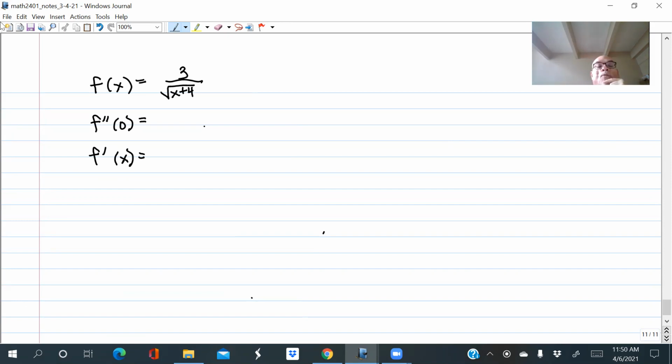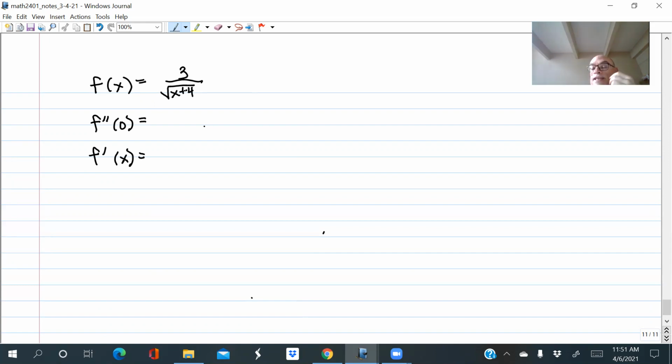And so we have to think about what differentiation rules we're going to use to find the first derivative. So this is a quotient. So if you want to, you can use the quotient rule to find the first derivative, okay? So that is a possibility here.